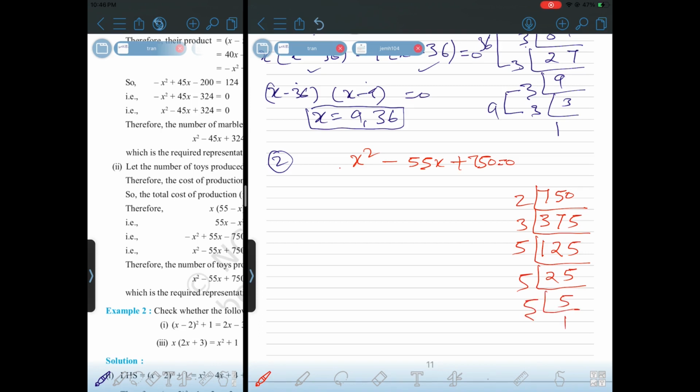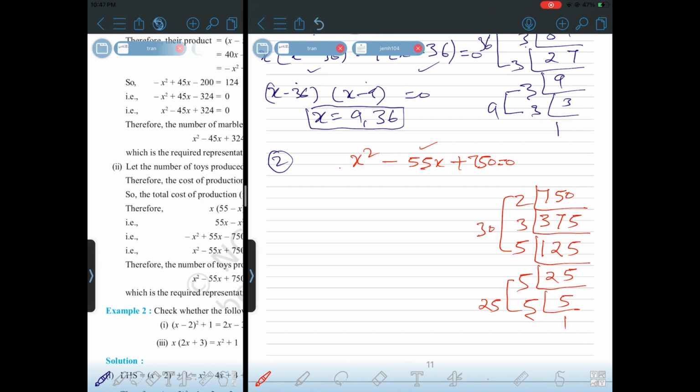Okay, so now you have got these factors of this number. Our aim is to arrange these numbers in such a way that we are able to find the minus 55, right? So we can combine these two terms: 25 and 30.